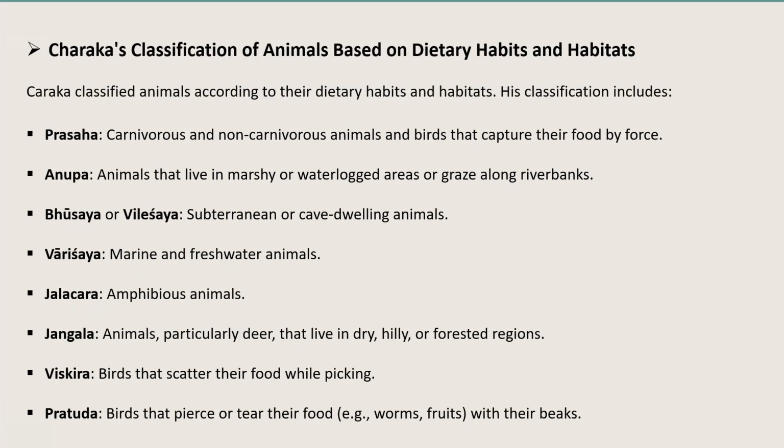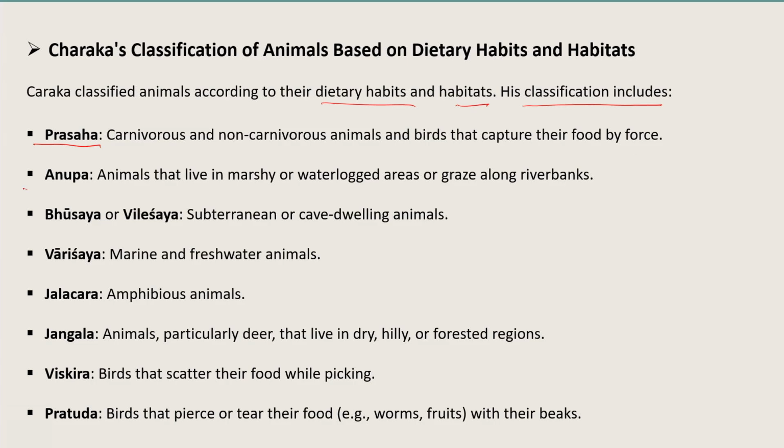Charak's classification of animals based on dietary habits and habitats. Charak classified animals according to their dietary habits and habitats. His classification includes Prasah, carnivorous and non-carnivorous animals and birds that capture their food by force.